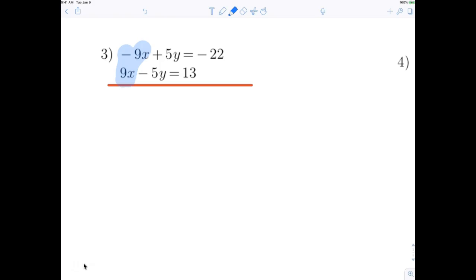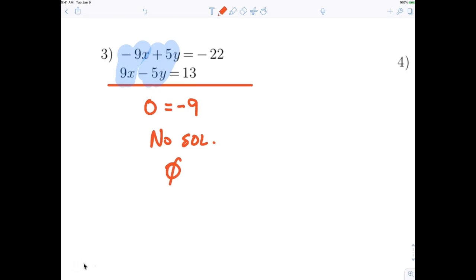Now, when I add them, what happens to 5y and negative 5y? Wow, they cancel also. So after all that, that just becomes 0 equals negative 9. Does 0 equal negative 9? No. So this is no solution.